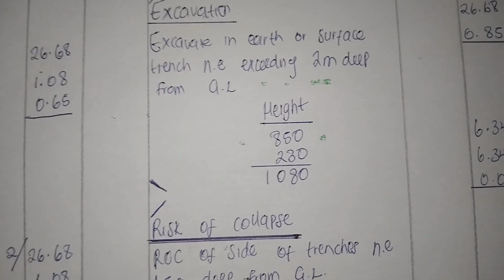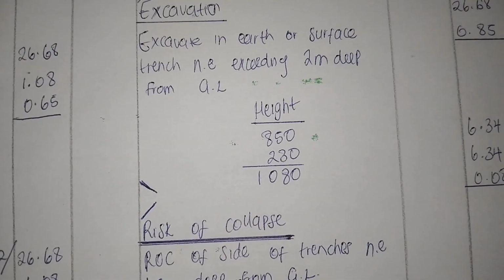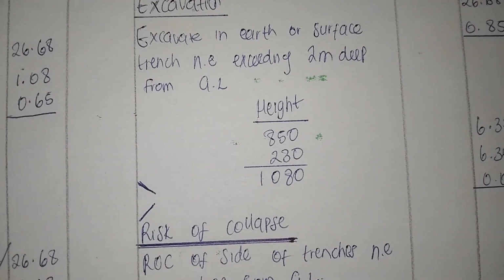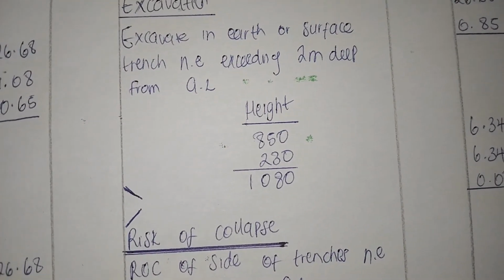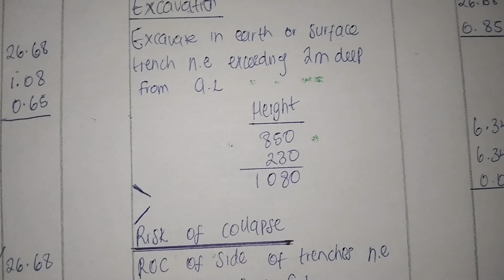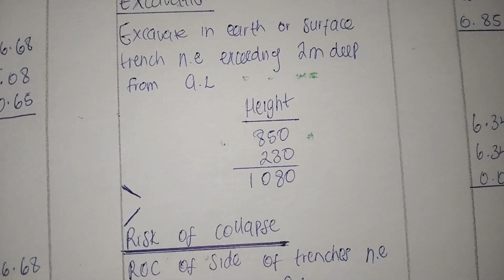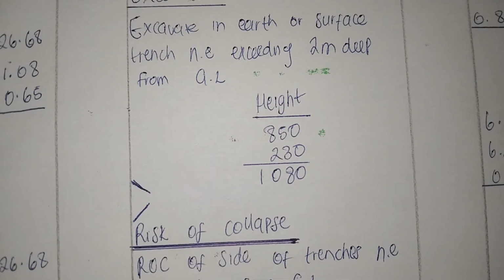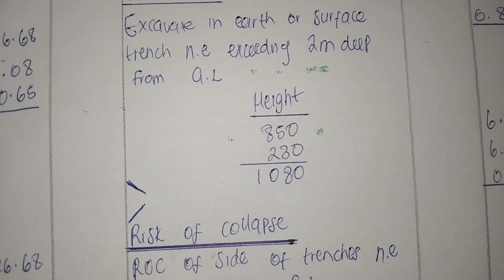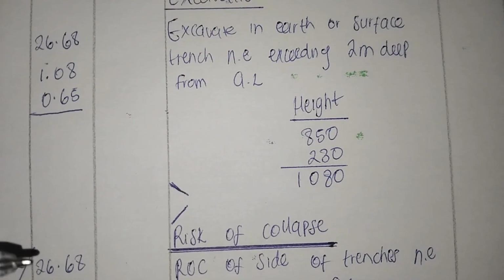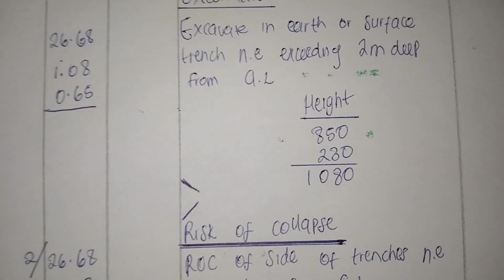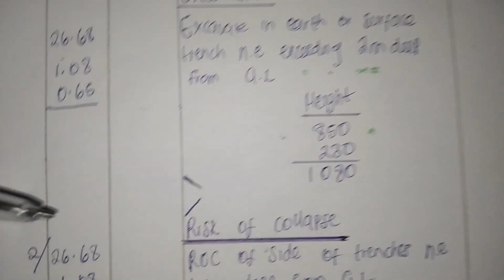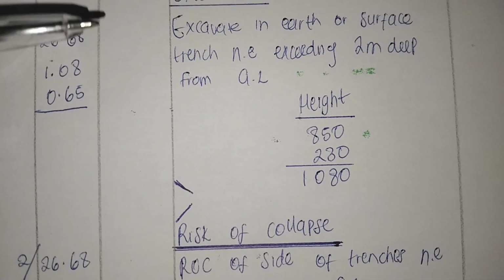From the top of the concrete footing to the ground level, our height was 850, and then we add 230, which is the width or the height of the concrete footing. So 850 plus 230 gave us 1080. Remember, this is the dimension column, and this is the squaring column.